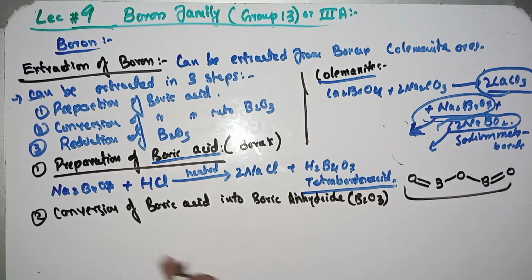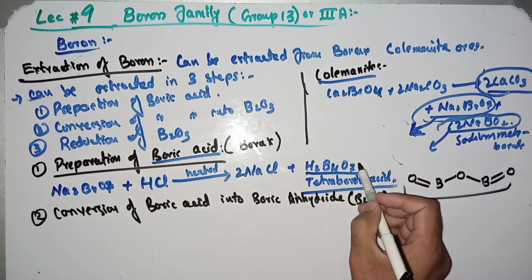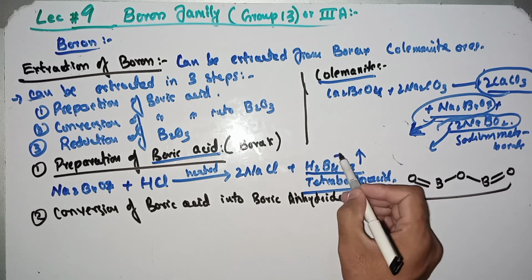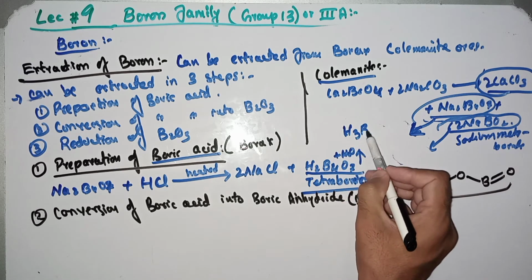So this boric acid can be converted into boric anhydride. But how will it be converted? In the first step, tetraboric acid can also be simplified: when we add water to it, it will be converted into H3BO3.